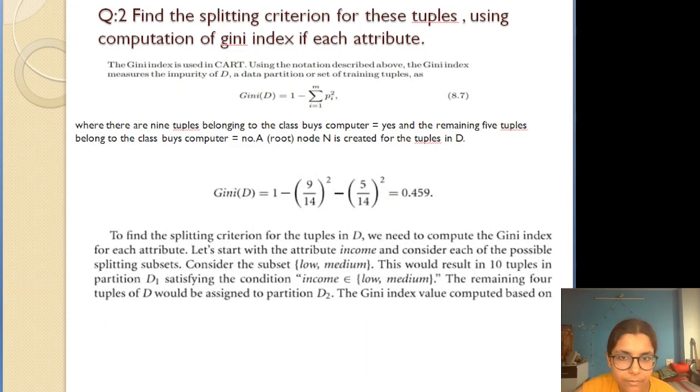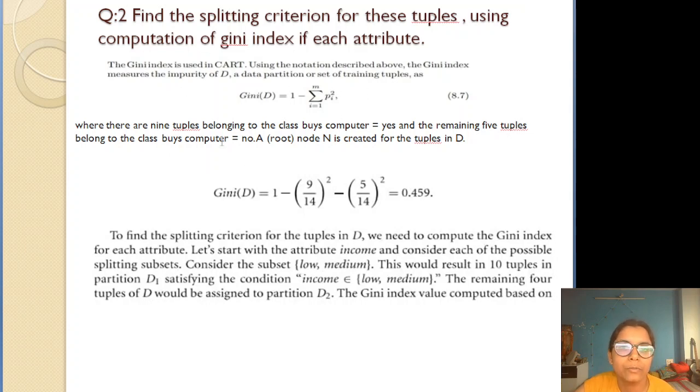For the next question, we have to find the splitting criterion for this tuple using the computation of Gini index if each attribute is given. Okay, so Gini index, how it is used and how to measure it.